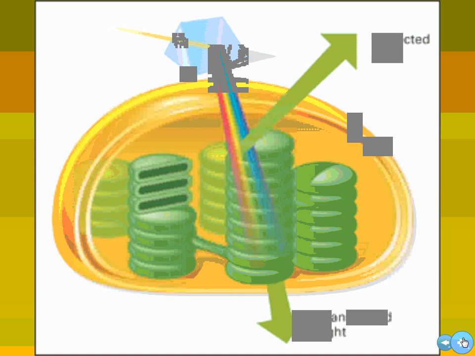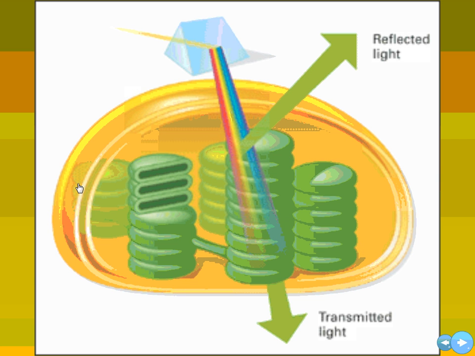This diagram shows that right here, where you have all the colors of visible light coming into a chloroplast. This is what the inside of a chloroplast looks like. So everything comes in. The green light is what gets reflected out of the chloroplast, and that's why you see green from the plants.